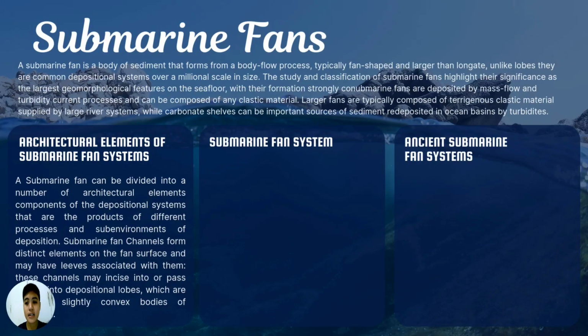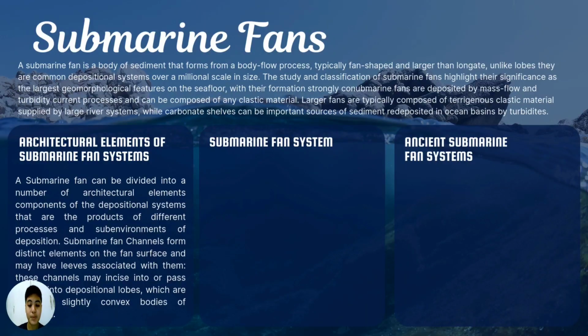Now let's talk about submarine fans. These are huge, fan-shaped piles of sediment found on the deep ocean floor. They form when sediment flows down underwater slopes, kind of like an avalanche, through turbidity currents or mass flows.